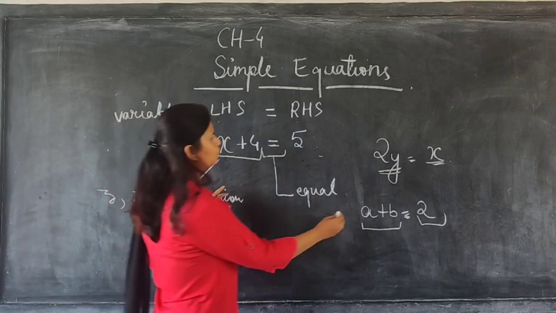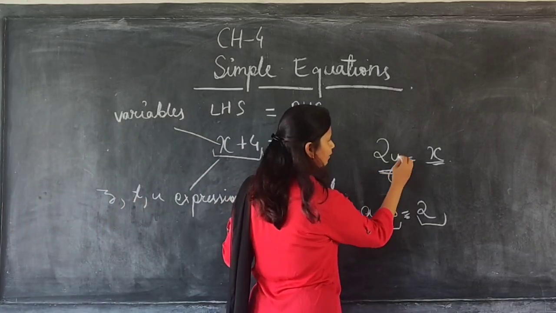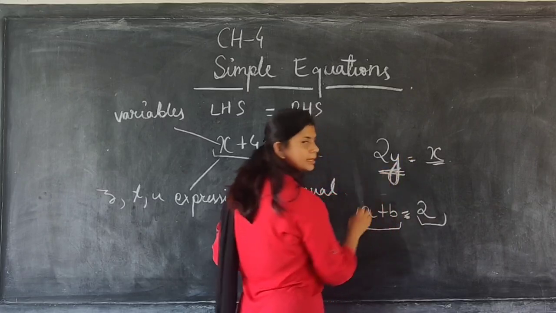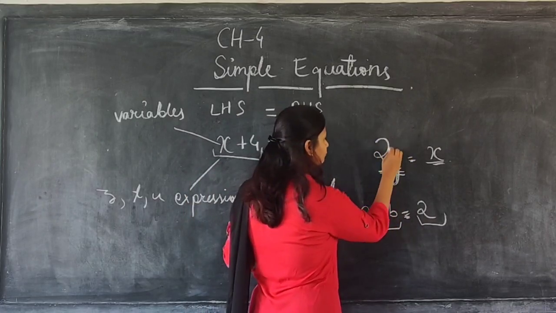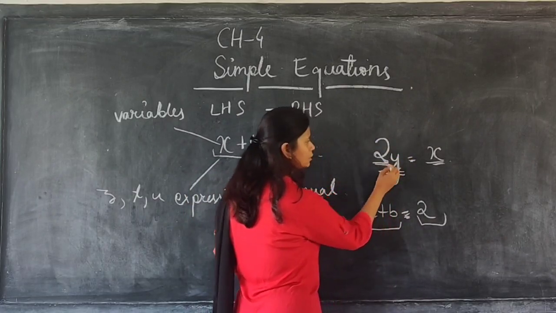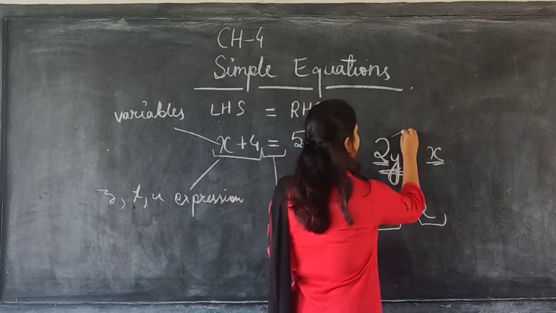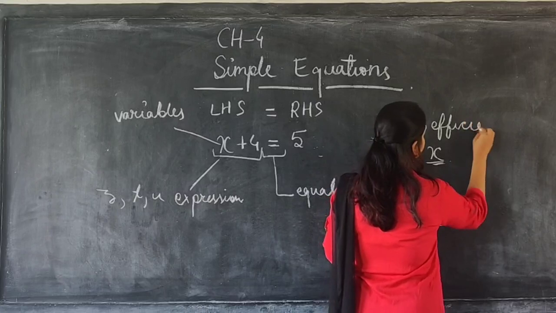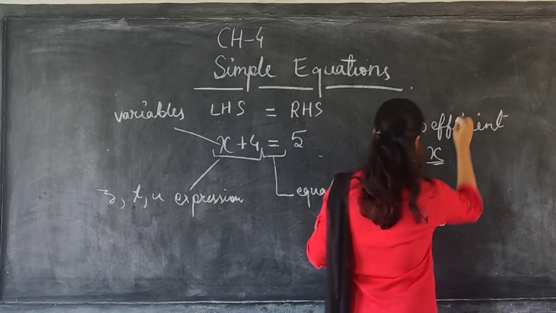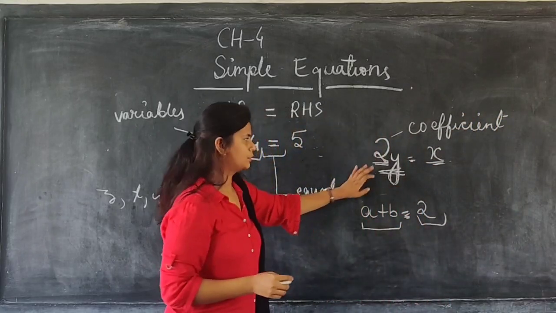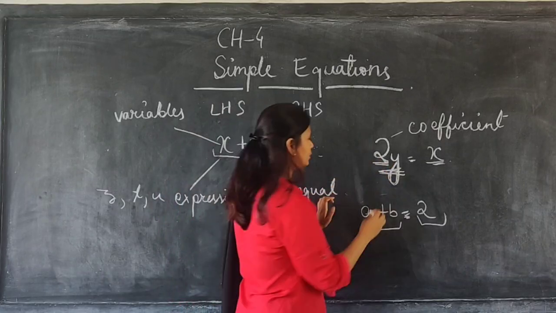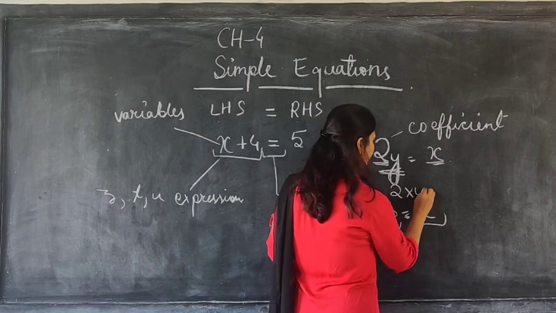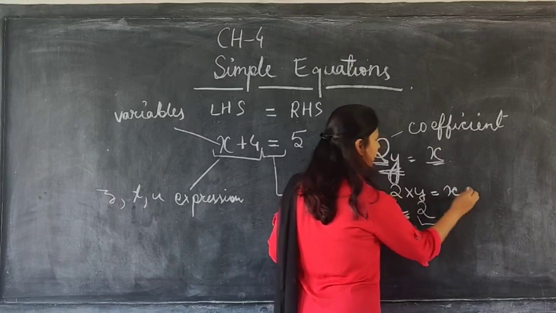Now see this 2y. Y is a variable. Here we have 2. Now this 2 is called the coefficient. So this means 2 into y equals to x.